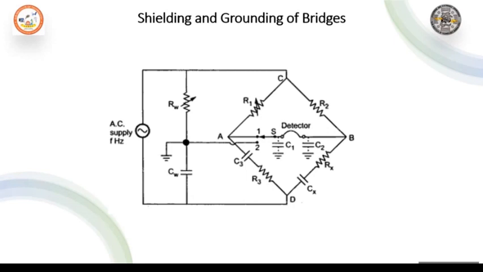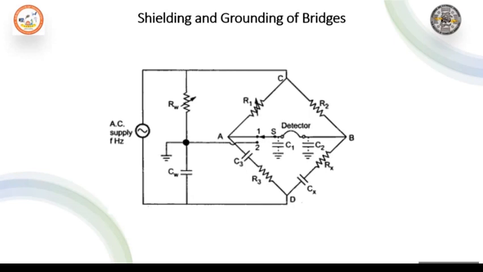One very effective and popular method of eliminating the stray capacitances and the capacitances between the bridge arms is using a ground connection called the Wagner ground connection. This diagram shows the Wagner ground connection. The circuit is a capacitance bridge where C1 and C2 represent the stray capacitances.